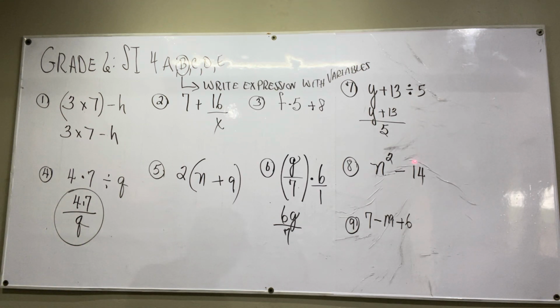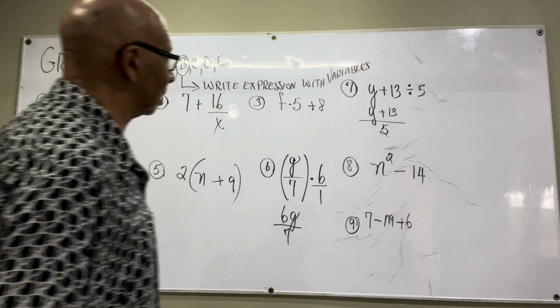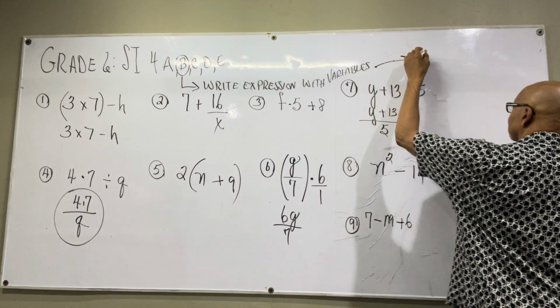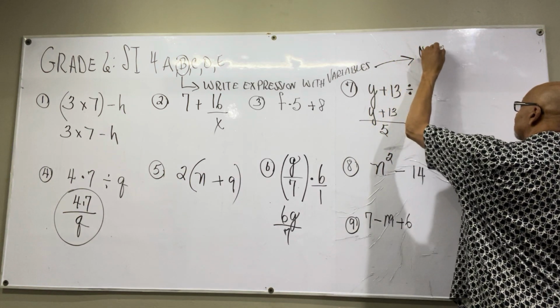It's not a fixed amount. So N could be 1, N could be 3, M could be 29, G could be 50, Q could be 100. So variable means it changes. It's not fixed, it's not constant.